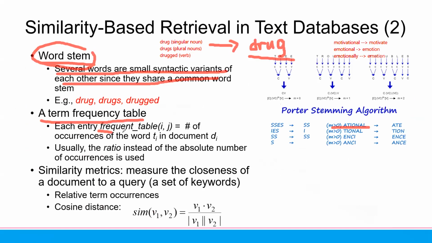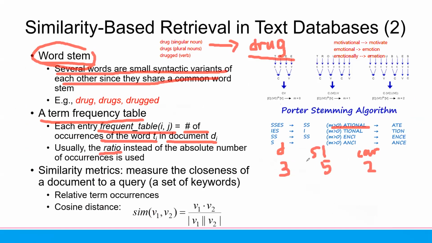The frequency is the number of occurrences of the word in a document. Usually we have it as a ratio. Maybe in one document the word truck occurs 3 times, the word store 5 times, the word car 2 times, for example.